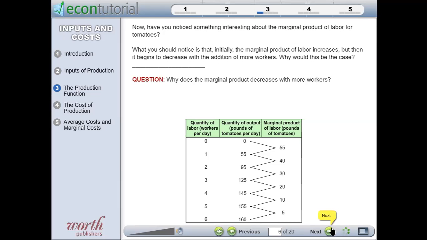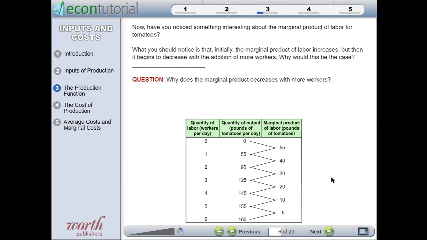So you can see that there is a diminishing trend in your marginal outputs. From 55 you go to 40 and then 30 and then 20 and then 10 and 5 pounds. Now these 55, 40, 30, 20, 10 and 5 are the output of individual laborers that were added into the input.